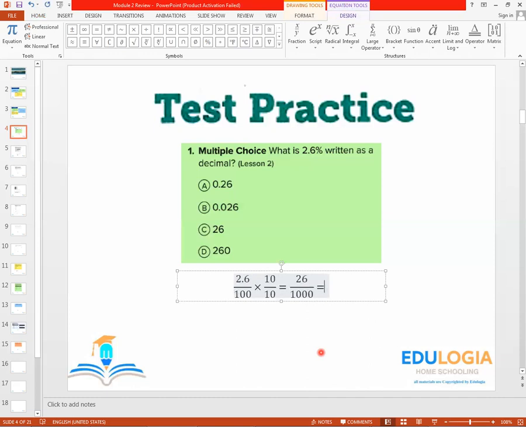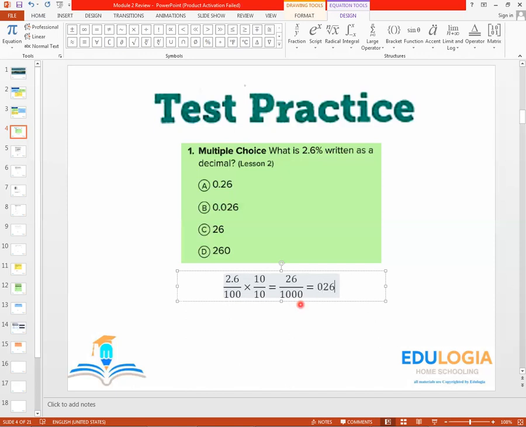How can I write it as a decimal? It's 26, but we have 3 zeros here. I have to move 3 steps left because it's a division. Moving left, 1, 2, oh, no, third, make it 0.